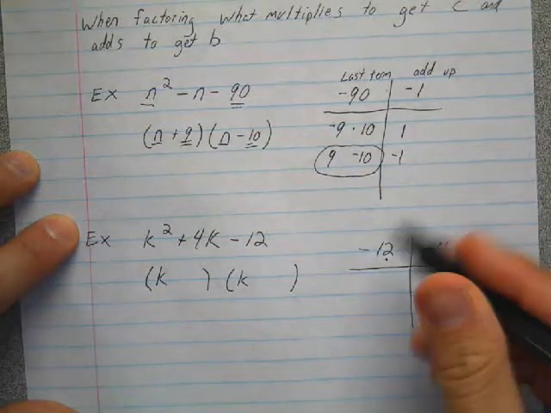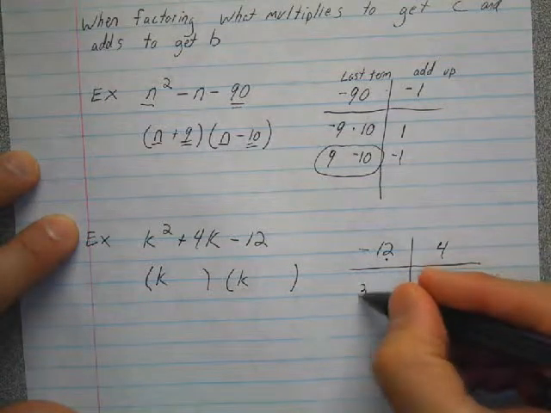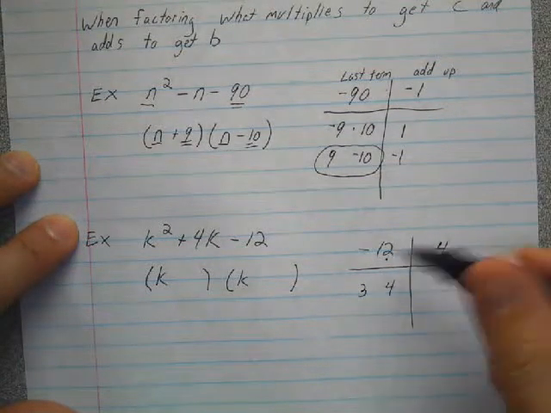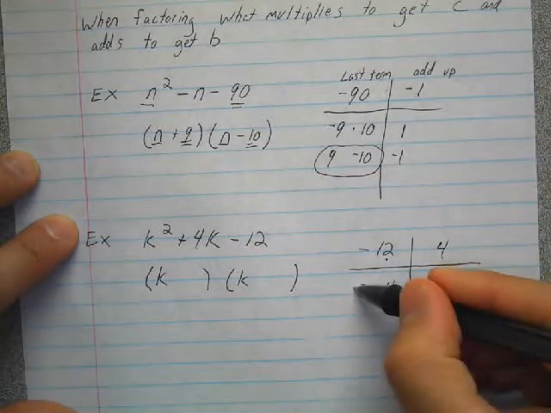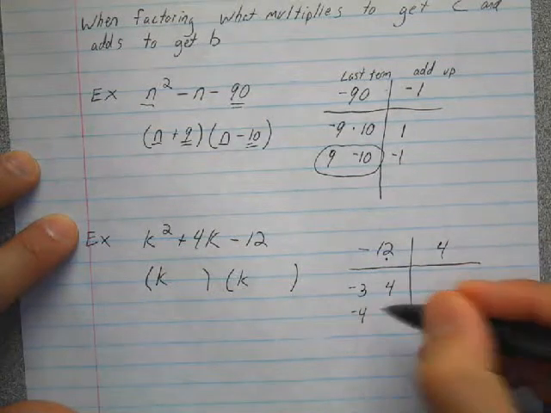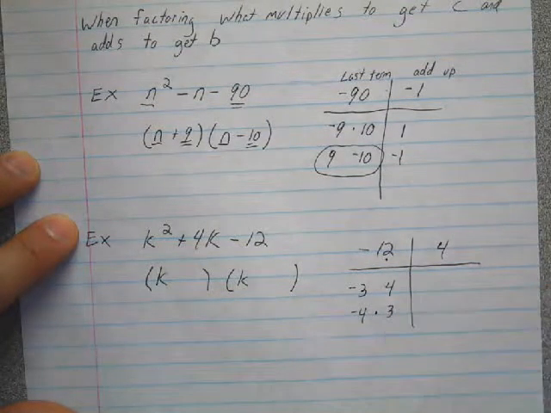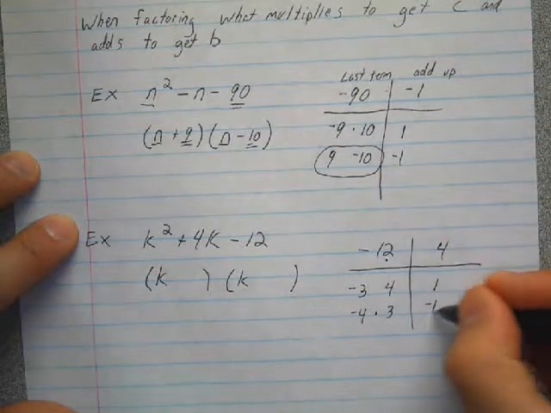So just thinking mentally, I know 3 and 4 multiply to give me 12. So negative 3 times positive 4 will give me negative 12, or negative 4 times positive 3. But when I add it up, I only get 1 or negative 1. So this isn't going to work.